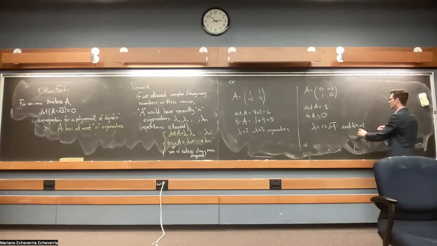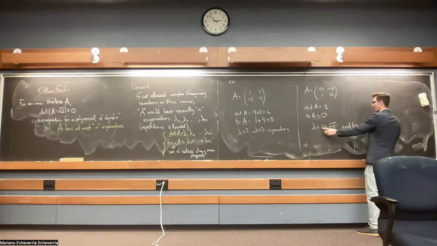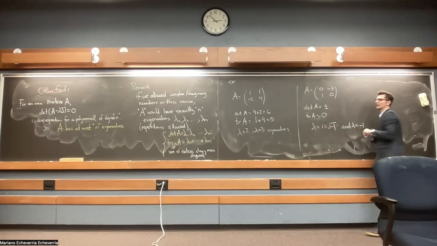If you add them together, i plus -i, you get 0. And if you multiply them, you get i times -i, so that's minus i squared. And if you have worked with these things, minus i squared is just 1. So it checks out.